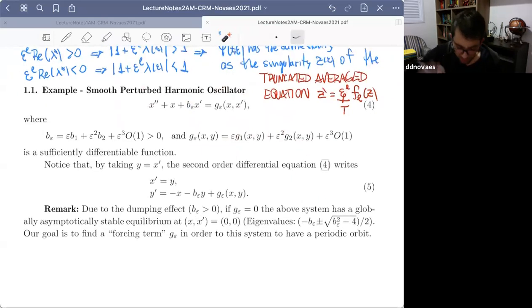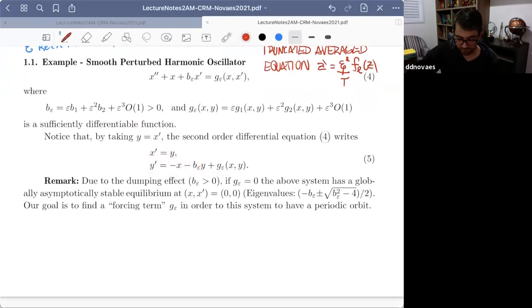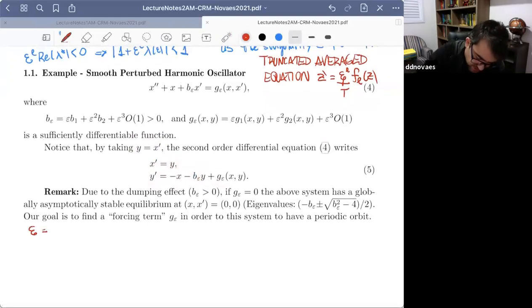Okay, so some comments before we start doing computations. This second order differential equation can be transformed into a system of first order differential equations by taking y equal x prime. So x prime is equal to y, and y prime is equal to minus x minus B epsilon y plus G epsilon of x, y. Note that when epsilon equals 0, we go to the unperturbed system.